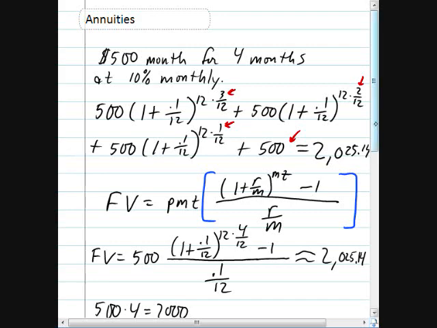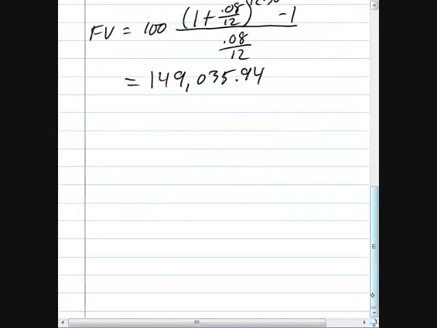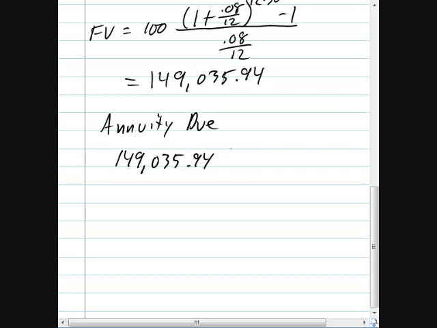So if we took, for example, the last problem we did, and we wanted to know how much our future value would be if it was an annuity due instead of an ordinary annuity, for an annuity due, we could simply take the future value of our ordinary annuity and give it one more compounding period.